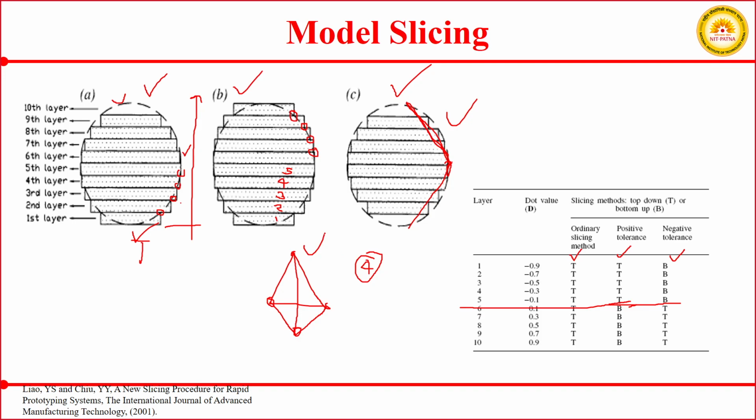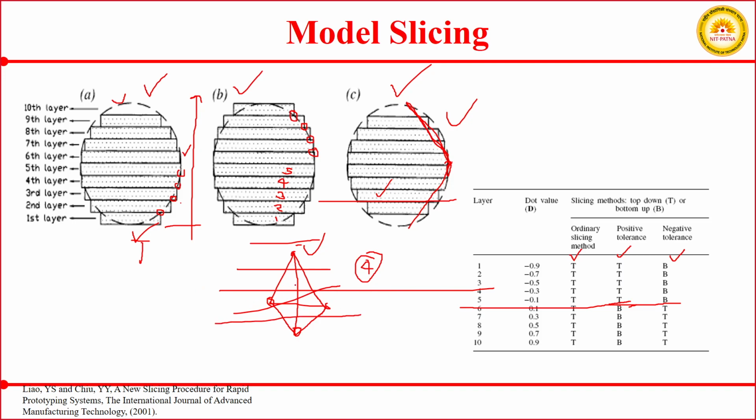So maybe if you enlarge these layers, you will find that your slicing layer or your cutting plane may lie at any point. Maybe it is above, maybe it is after one vertex, maybe after two vertices, maybe after three vertices.